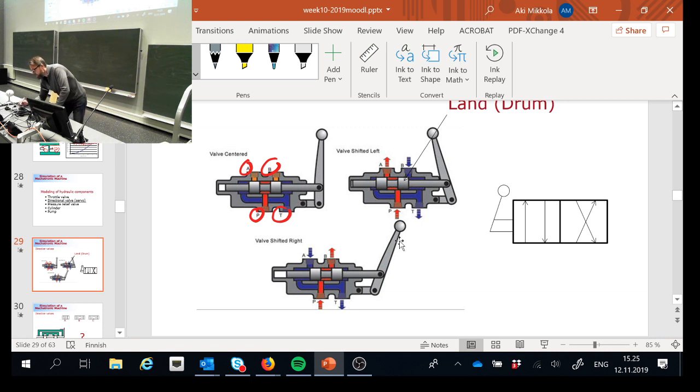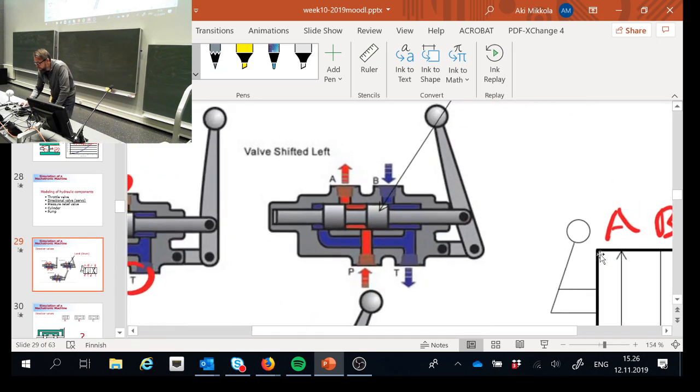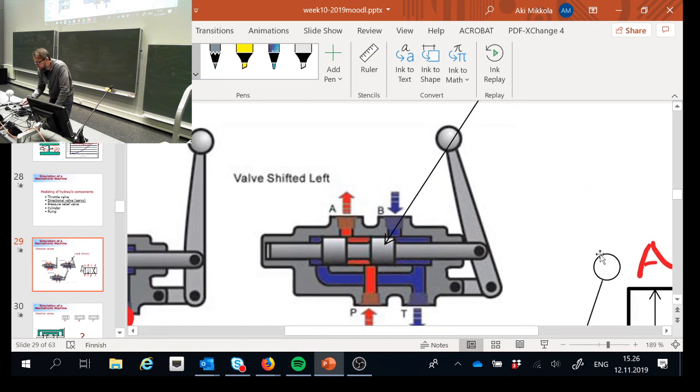And this kind of valve can have 2 operation conditions. Either the pressure line, which is here, is connected to port A, and then that means that B is connected to the tank line, or the other way around. The pressure may be connected to this B line, and then A is in that case connected to tank. It really depends on how you are moving the shaft back and forth.